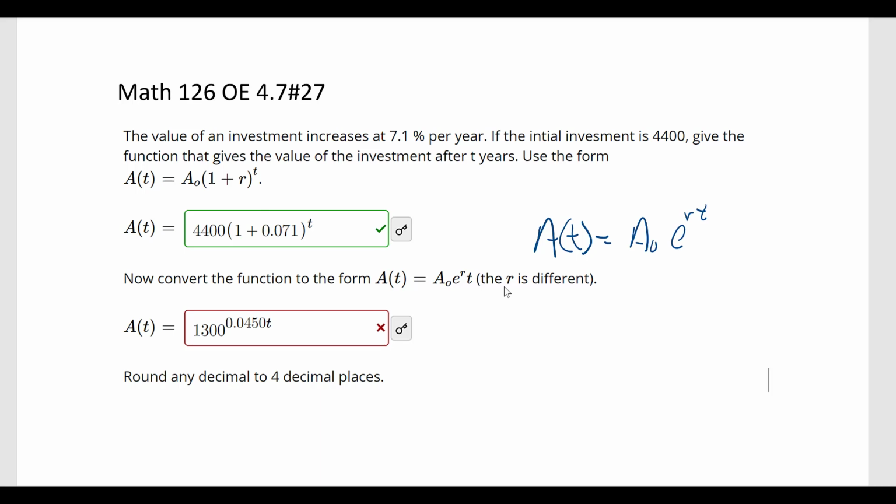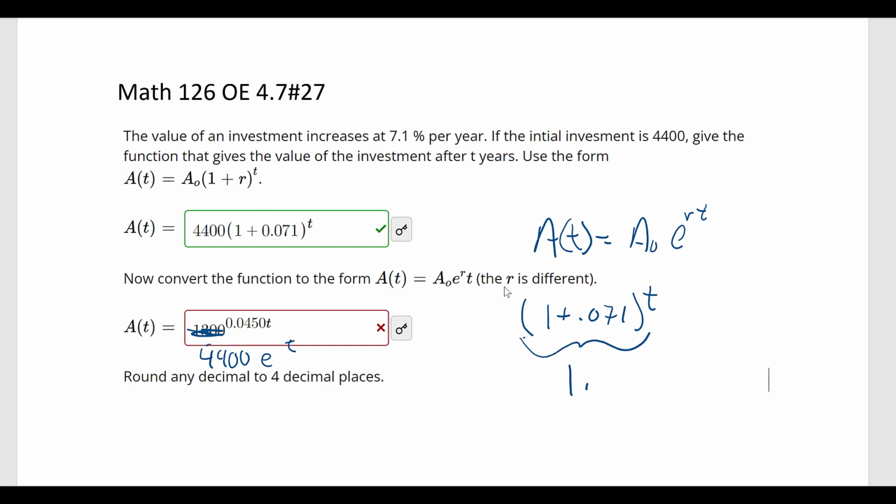And so the question is, our A naught is still the same, so it's still going to be 4,400. And then it's going to be e to the something times t. So if we're looking at this 1 plus 0.071 to the t power, how can we express this part right here?